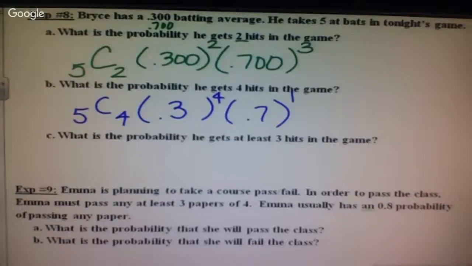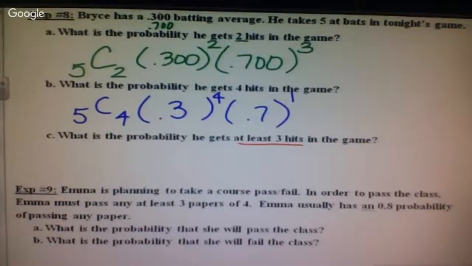Okay. Be careful with the last one. At least 3 hits, which means what? 3 or more.